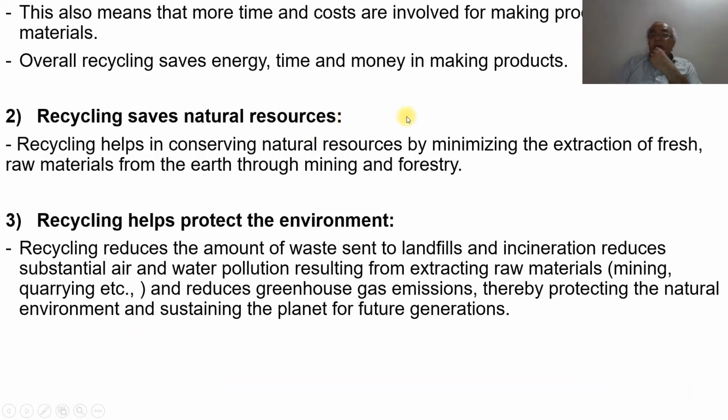Recycling saves natural resources also, because conventional natural resources are utilized more when you want to extract. Recycling helps in conserving natural resources by minimizing the extraction of fresh raw materials from the earth through mining and forestry. That means the cutting of trees is also minimized.